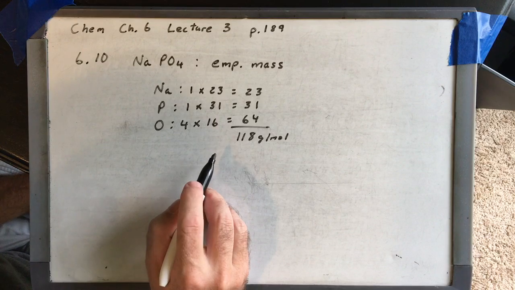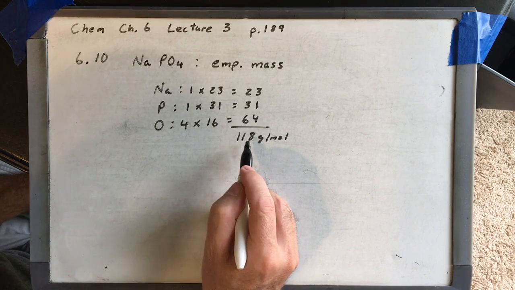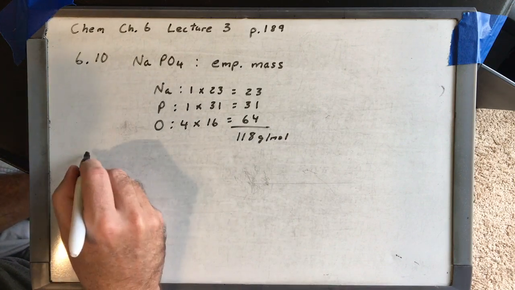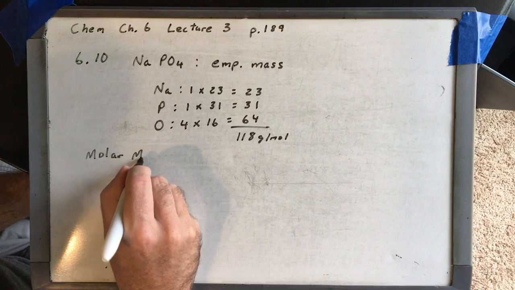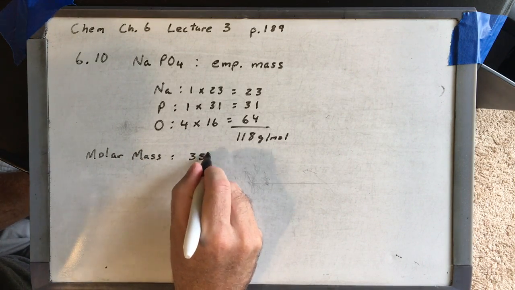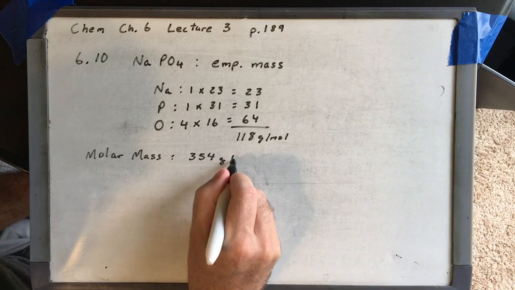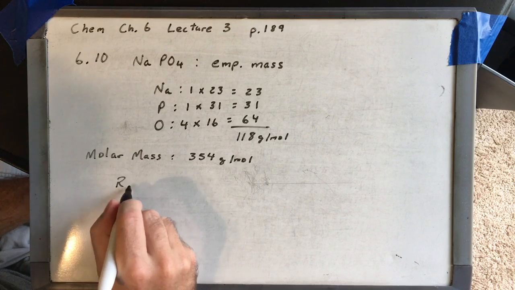Now the molecular formula is going to be a whole number ratio of this empirical mass, okay? So it says its molar mass is 354 grams. So we need to get a ratio.